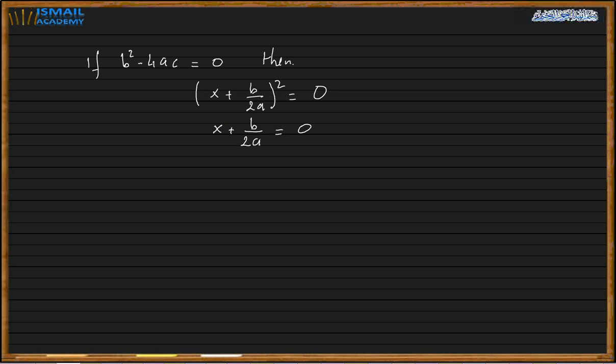You just need to subtract b over 2a from both sides, and you will end up having x equal minus b over 2a, and this will be your solution, minus b over 2a.